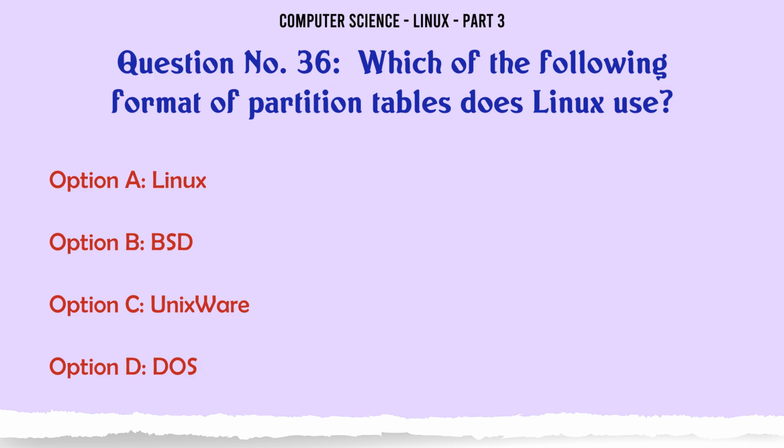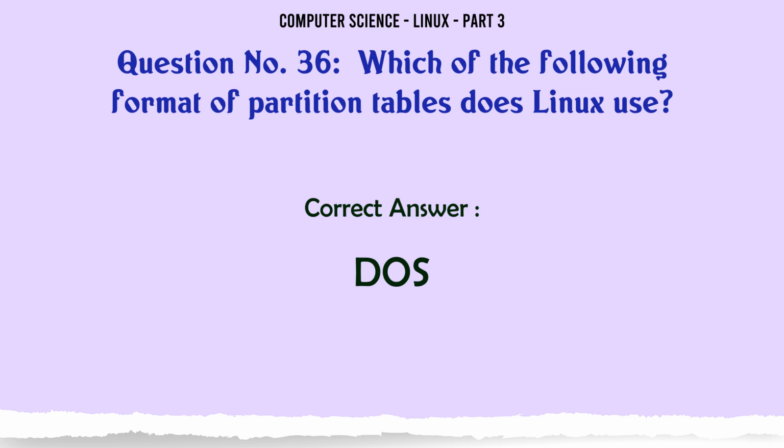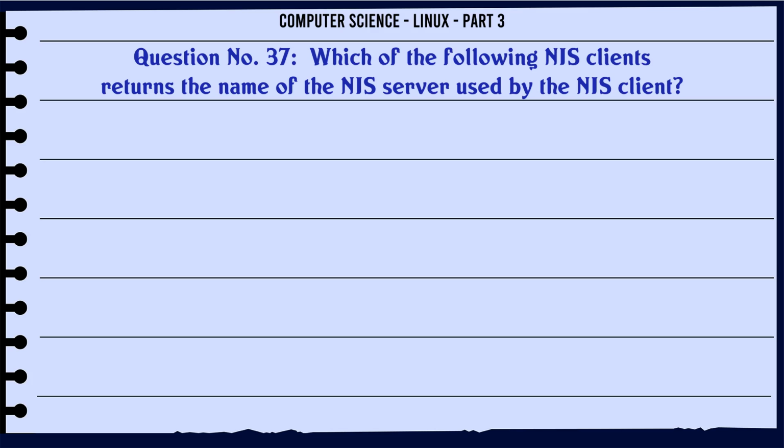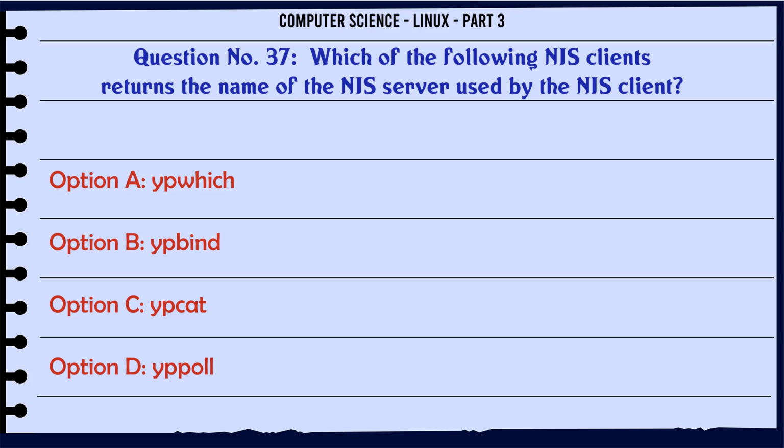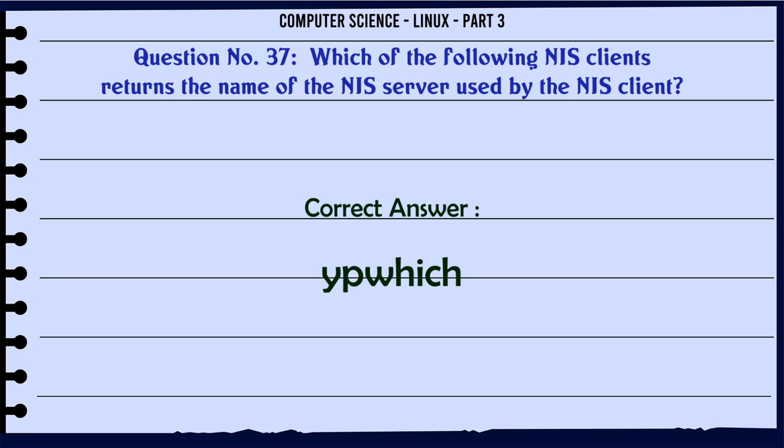C. Unixware. D. DOS. The correct answer is DOS. Which of the following NIS clients returns the name of the NIS server used by the NIS client? A. ypswitch. B. ypbind. C. ypcat. D. ypoll. The correct answer is ypwhich.